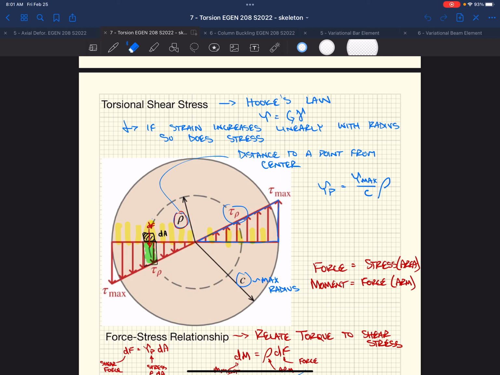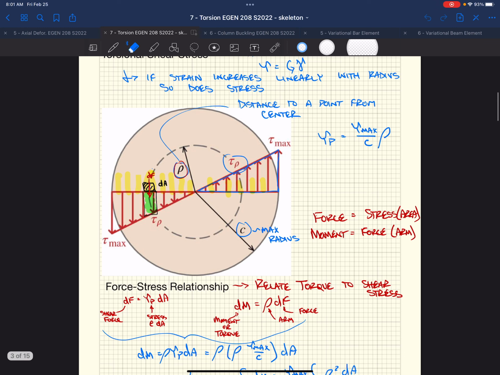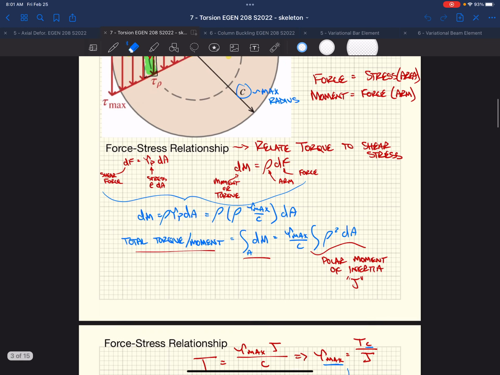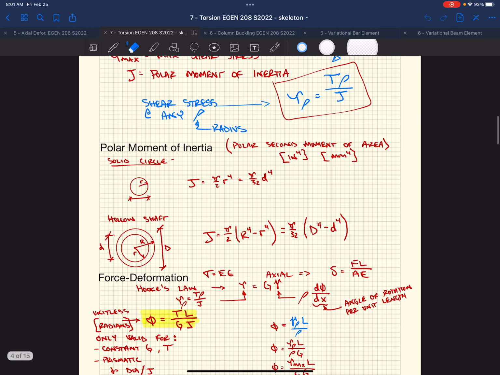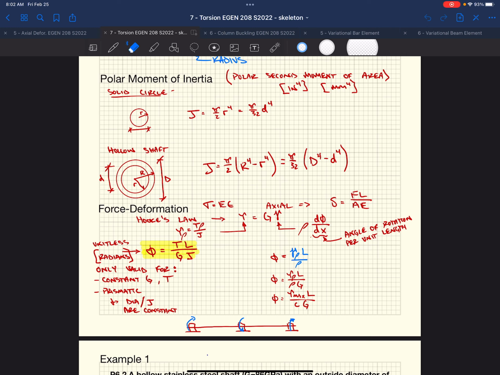We could also figure out what the stress is at any radius based on the fact that this relationship is linear as we go from the center of the shaft to the outside of the shaft. I gave you a little cheat sheet about polar moment of inertia, depending on whether our shaft is solid or hollow, if it's basically a pipe.